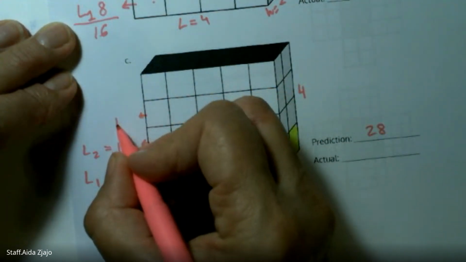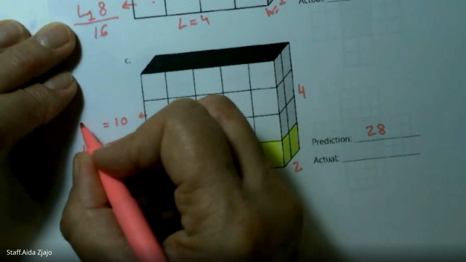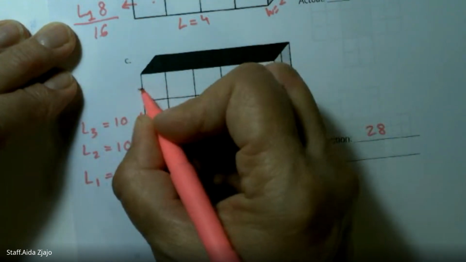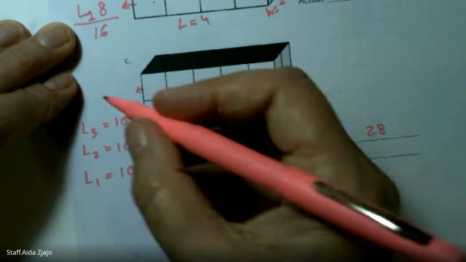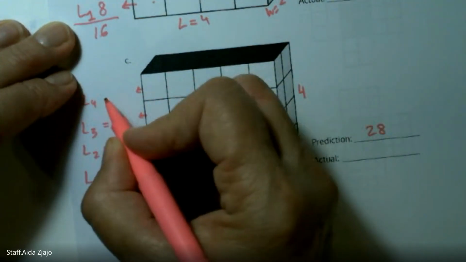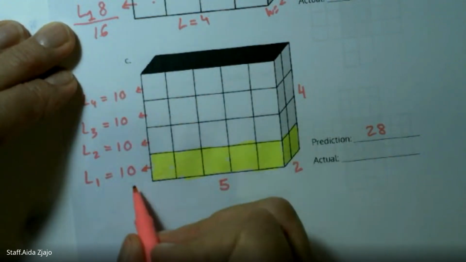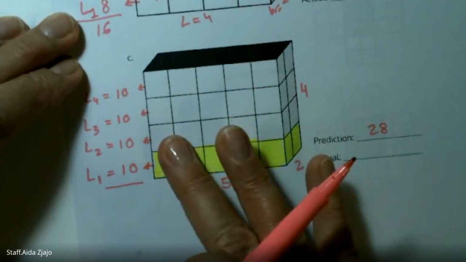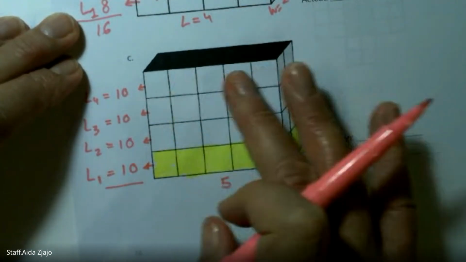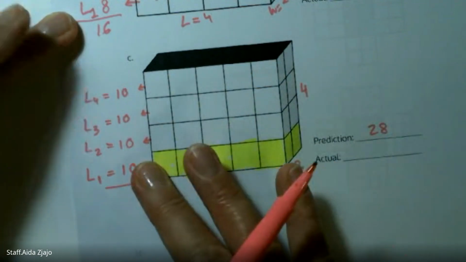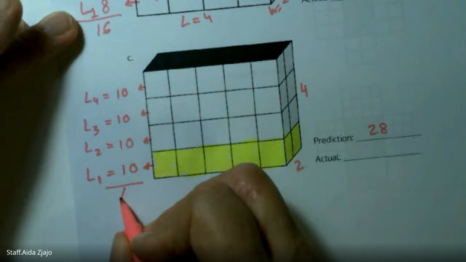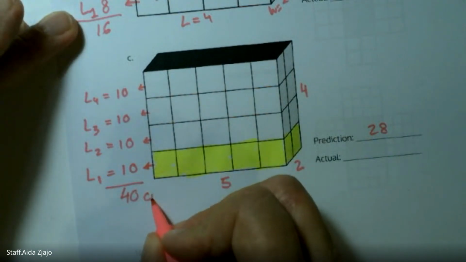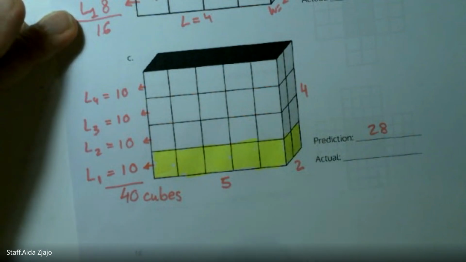Layer 3 needs to be 10 cubes, and layer 4 would be 10 cubes. So one way is to see, okay, the base is 10, we have 1, 2, 3 more, so 10, 20, 30, 40 cubes are needed to make it.